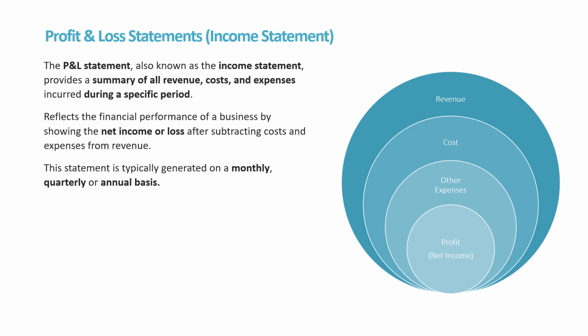PLN statements are typically generated on a regular basis, and the frequency can vary. Companies often prepare these statements on a monthly, quarterly, or annual basis, depending on their internal reporting needs and external regulatory requirements. The choice of reporting frequency also depends on the company's size, industry, and accounting practices.